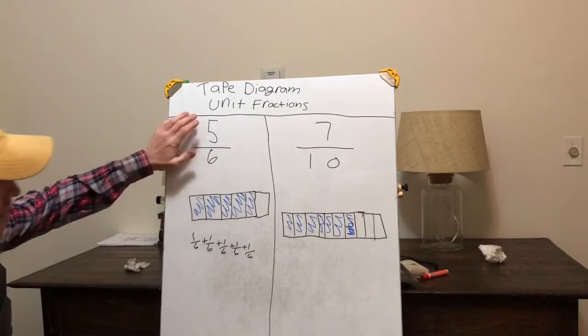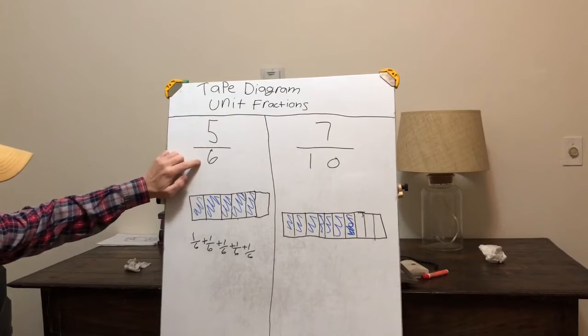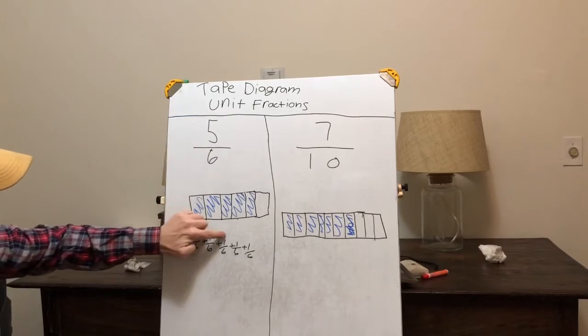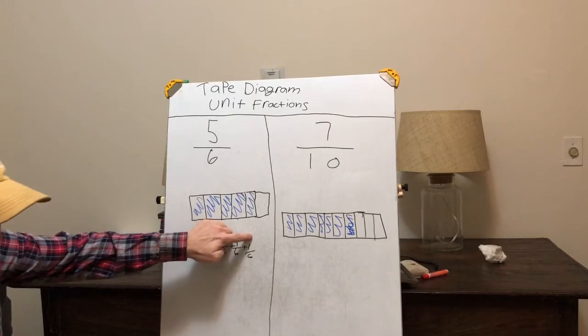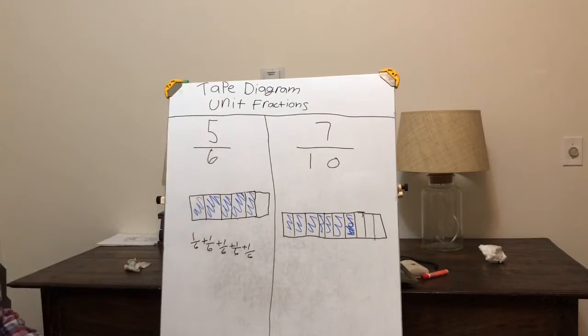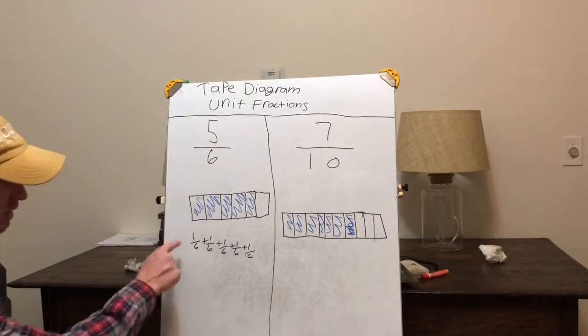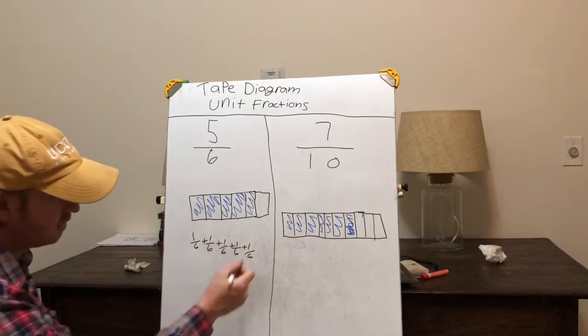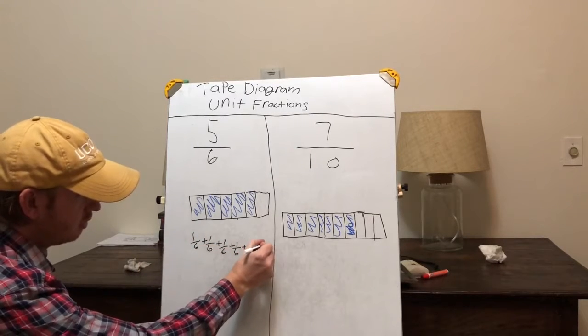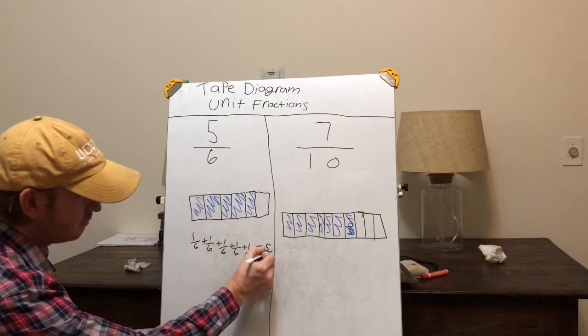So now we have 5 over 6 is equal to 5 unit fractions, 1/6. We can add it, 1, 2, 3, 4, 5. So it equals 5/6.